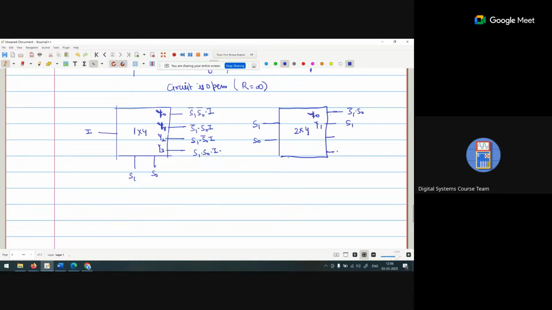Y1 is S1 bar, S naught. Y2 is S1, S naught bar, and Y3 is S1, S naught. Now what should I do? I just multiply by ANDing with the I.